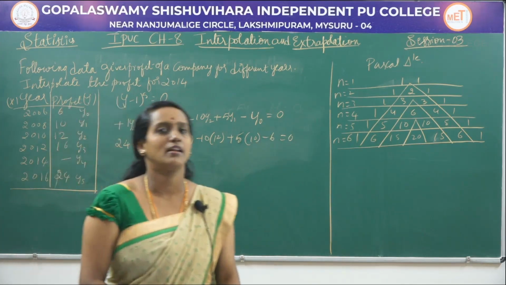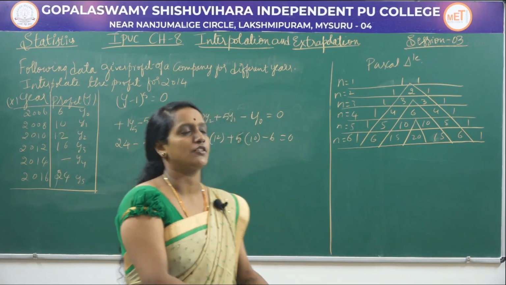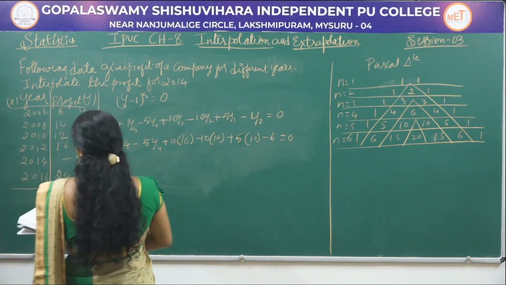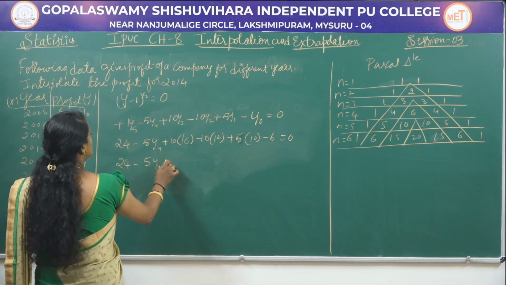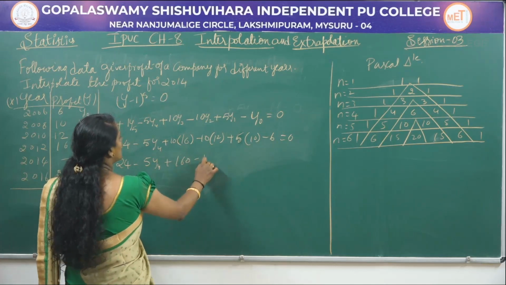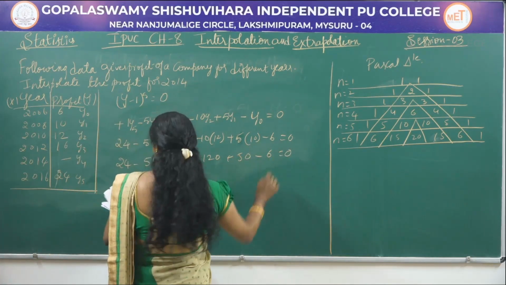After substituting the y values, next we have to go for the simplification. So the simplification part is 24 minus 5y4 plus 160 minus 120 plus 50 minus 6 is equal to 0.